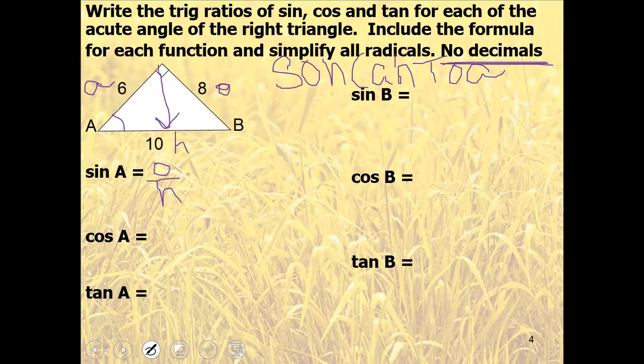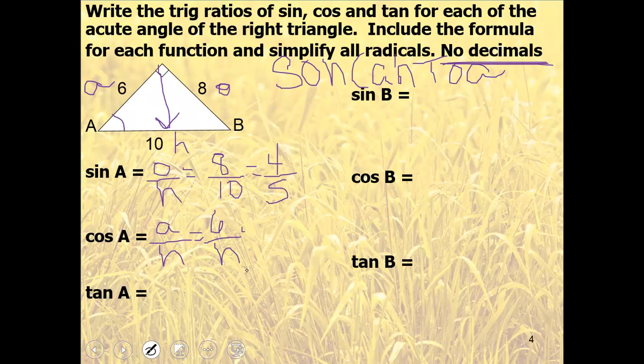So the value of my side opposite angle A is equal to 8. My hypotenuse is 10. All I have to do is simplify that by dividing top and bottom by 2, and I get 4/5. The cosine of the angle is adjacent over hypotenuse. My adjacent side has a measure of 6.